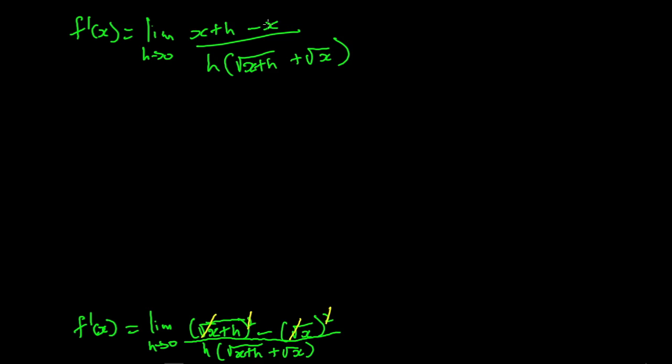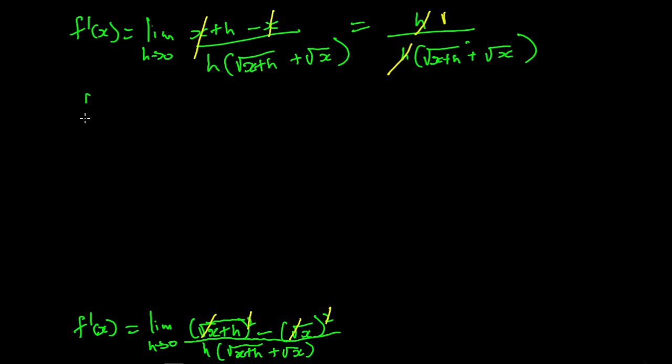We have x here, we have negative x here, so these cancel. That means we'll be left with h over h into the square root of x plus h plus the square root of x. So this h is going to cancel out this h. That means we'll be left with 1 here.